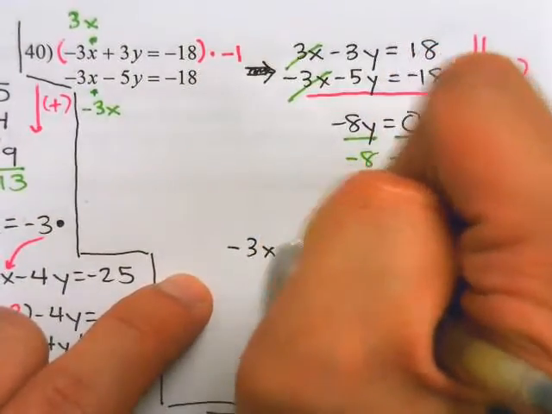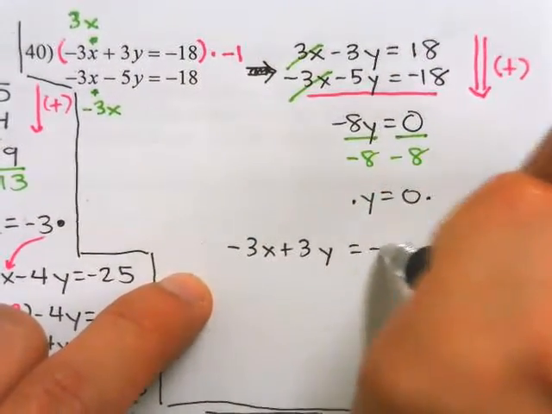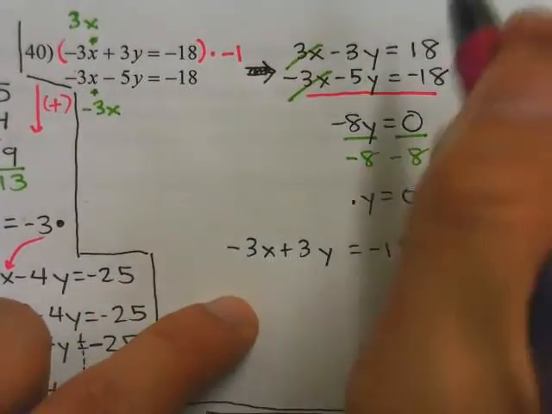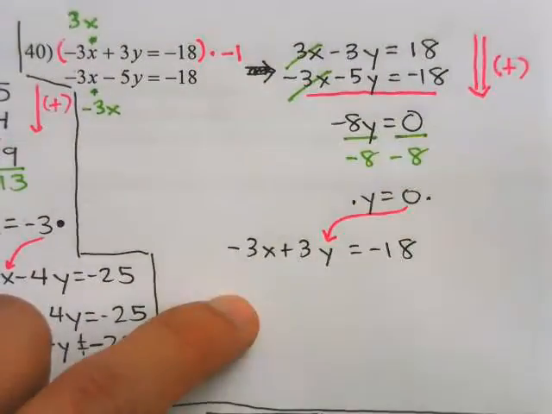We're just going to plug it back in on the first equation. You could have also used the second equation. It does not matter. Make sure, though, you plug that in on the y.